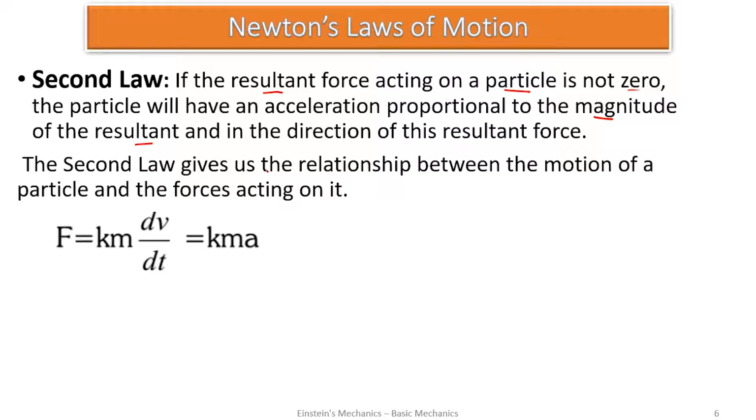So this second law gives us the relationship between the motion of a particle and the force acting on it. This Newton's second law was quite interesting. It gave us the relationship between motion and the force causing the motion.